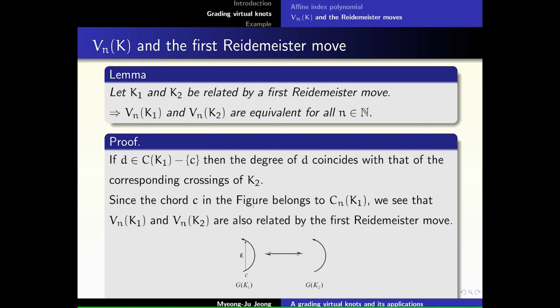And if we consider this chord C, then the degree of C is 0, and so C belongs to C_n K1, and we can see that C appears in V_n K1, but C can be removed by using the first Reidemeister move. So we can see that V_n K1 and V_n K2 are virtually isotopic.